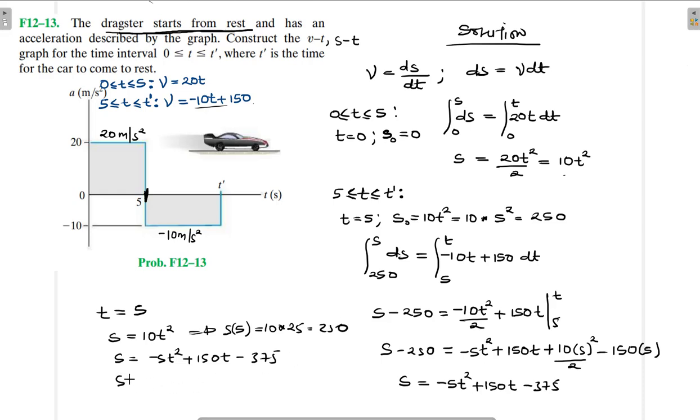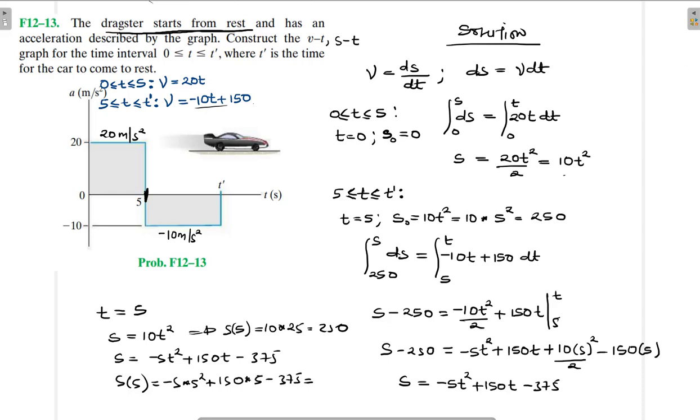Then this one, S of 5 is going to be equal to minus 5 by 5 squared plus 150 by 5 minus 375.